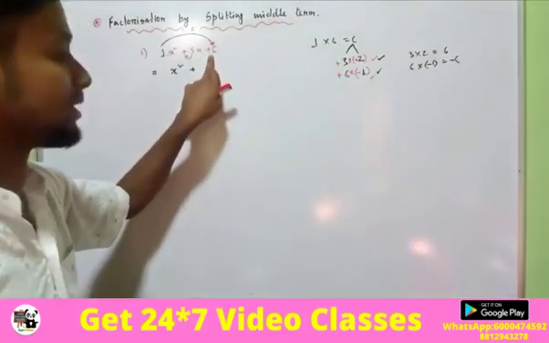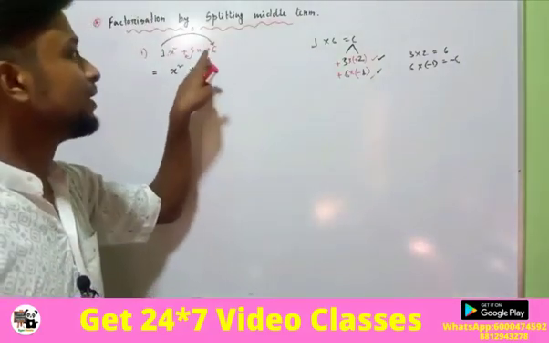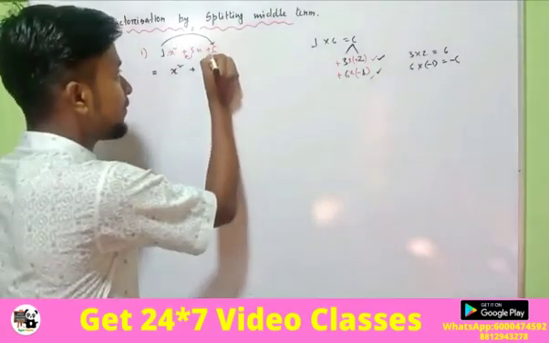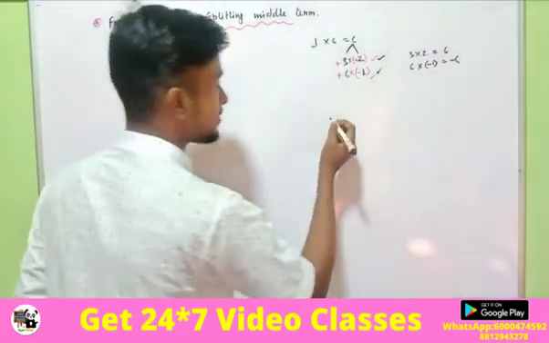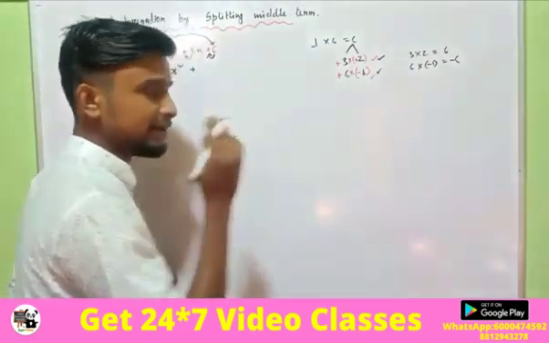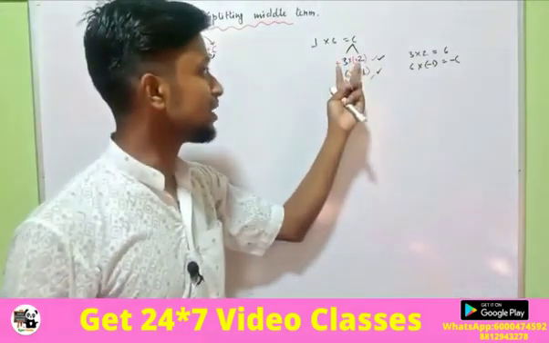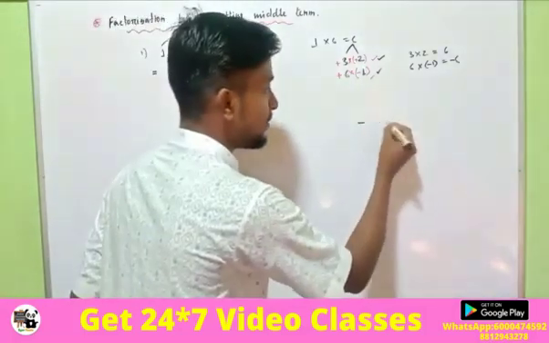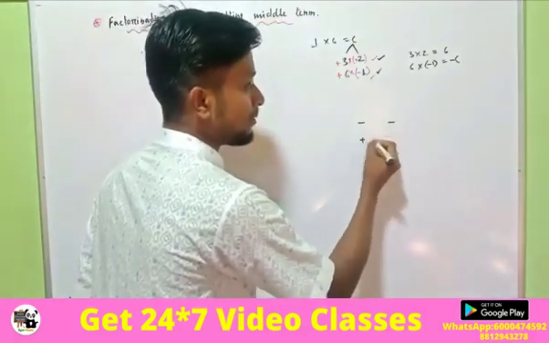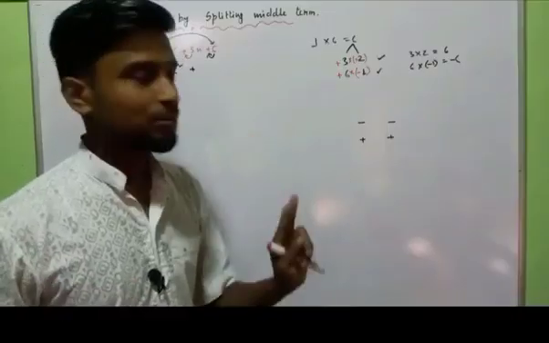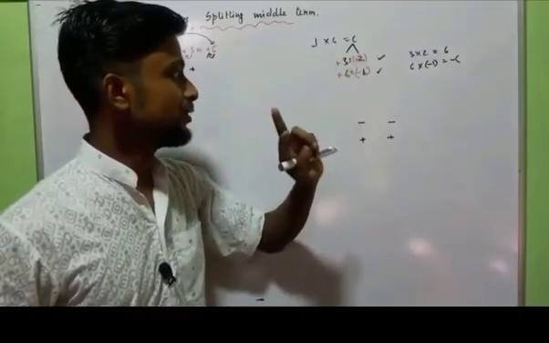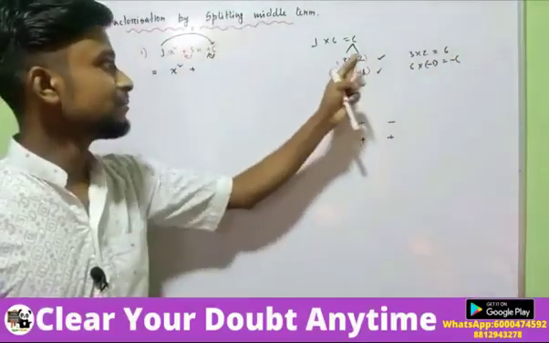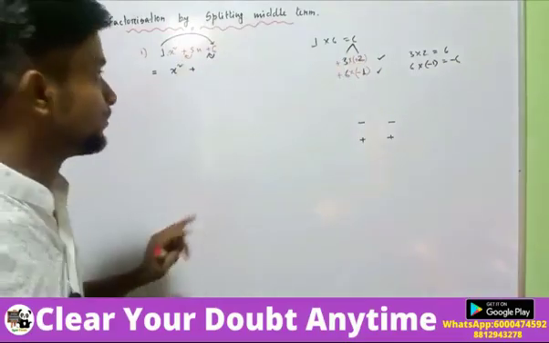But here we have a plus sign. Always remember that if the sign before the constant term is a positive sign, then the signs before the two splitting terms will be similar, either minus or plus. So we have to choose plus 3 and plus 2, so that the multiplication becomes 6 and the addition of 3 plus 2 becomes 5, right?